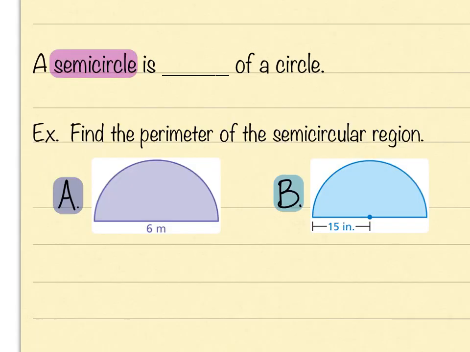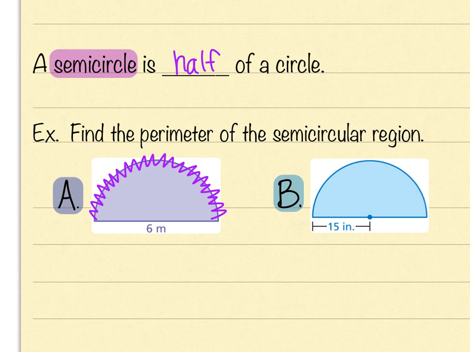All right, next let's talk about a semicircle. A semicircle is half of a regular full circle. Now, when I find the perimeter of a semicircle, I'm only going to be using half of the circumference formula, because I'm only going to go halfway around the circle, like you see me doing right here.